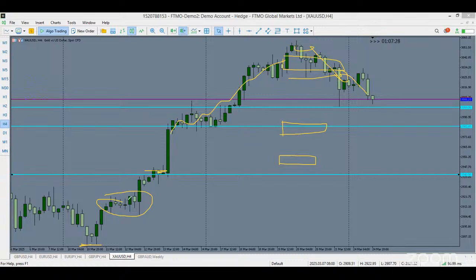So even if the first take profit is lower, say this is 100 pips down here and the first one here is maybe 40 or 50, as long as it's able to hit these other levels here, then you are good to go.